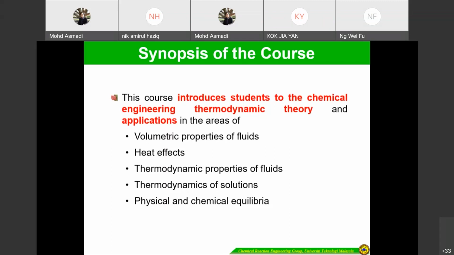On solutions, we look at how to calculate thermodynamic properties involving two phases and more than one component. Then physical and chemical equilibrium, which involves chemical reactions, is mostly covered in chapter 13, the last chapter.